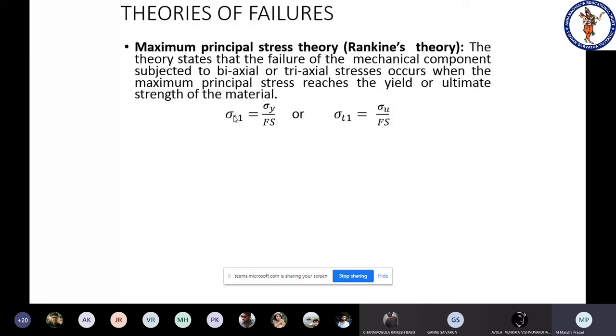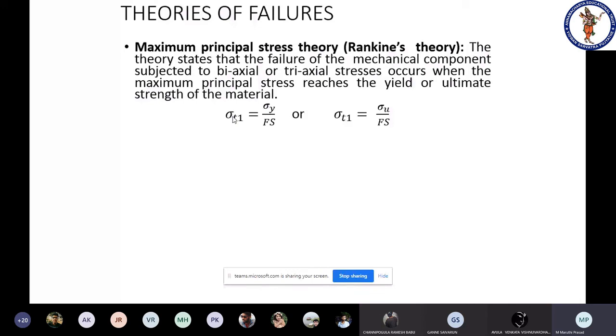failure will occur. So what is the worst condition? Up to what stage will it avoid failure? When the induced stress is less than or equal to the property of the material, there is no question of failure. Remember this: if the induced stress is less than or equal to the ultimate stress or yield stress, there is no question of failure.